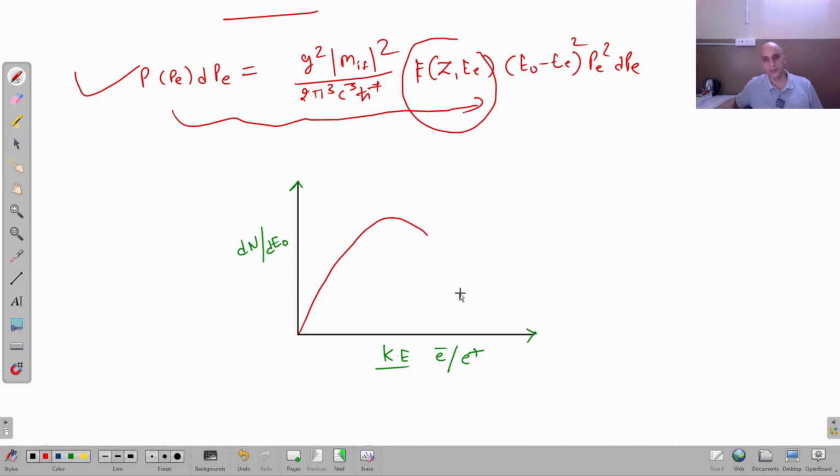This is the first graph, the graph that we obtain when no Coulomb field is there, when the Coulomb field is ignored, right? But if we take the Coulomb field into consideration, then the graph becomes this one.